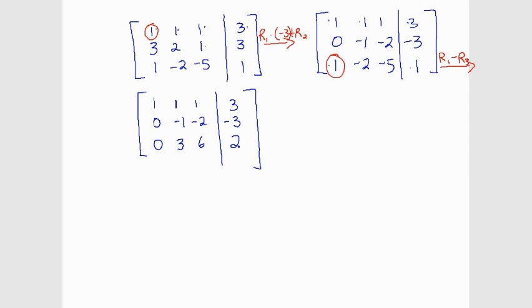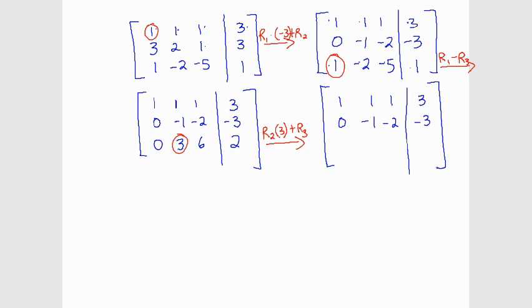The next thing for me to do is to find this becoming 0. So I'm going to take row 2. I'm going to multiply it by +3 and add it to row 3. If you don't see it yet, you will here in a second. So row 1's not changing. 0, -1, -2, and -3.